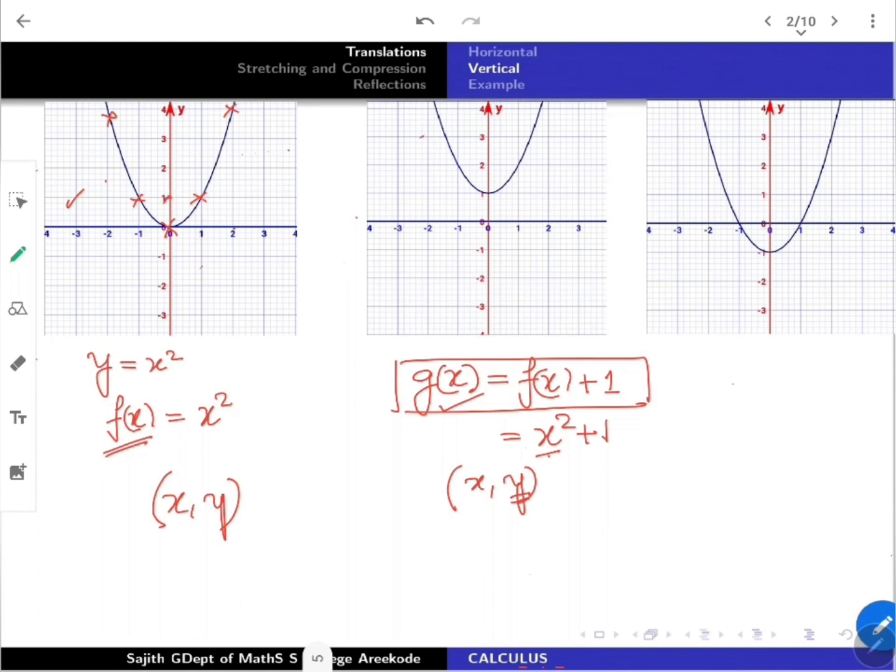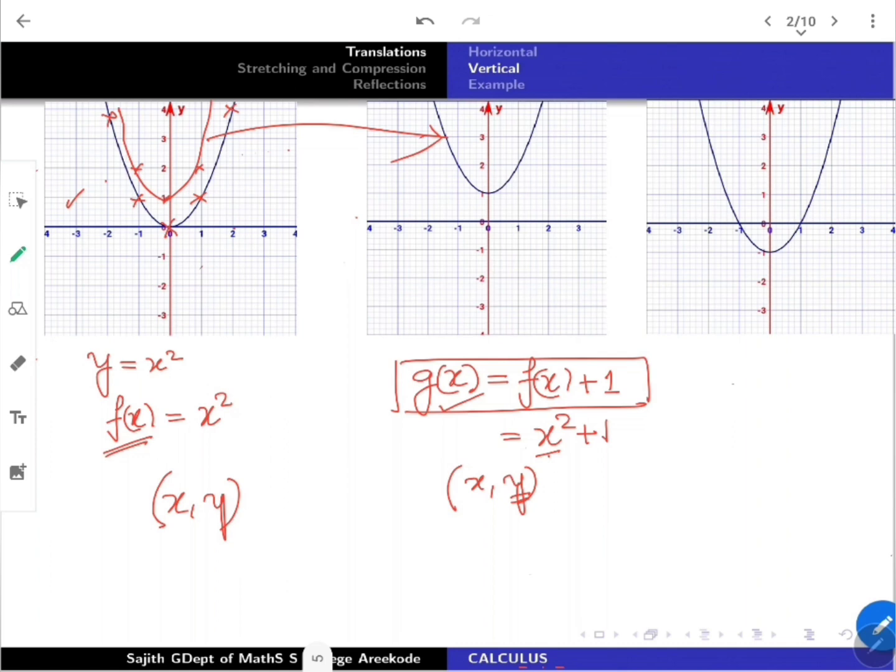At 1, the original f value was 1, so you have to add again 1, that is 2. Similarly, at minus 1, 1 will be the f value, so 1 plus 1 will be given here. In such a manner, you are getting the lifting. So what's going to happen is the following. If you try to draw the graph, what one can observe is that you will get a shift, a vertical shift of 1 unit. So obviously the graph will look like this.